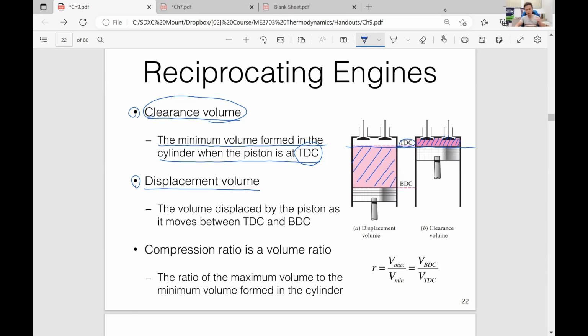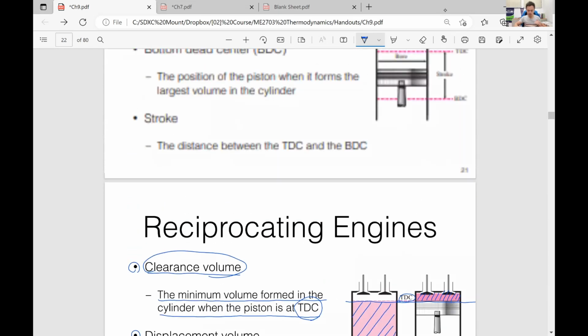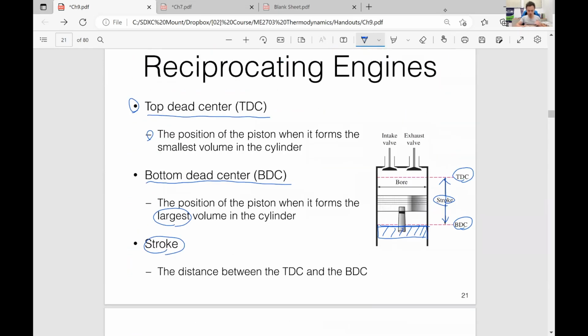When the piston is at BDC, the volume formed is the largest volume in the cylinder, including clearance volume and displacement volume.